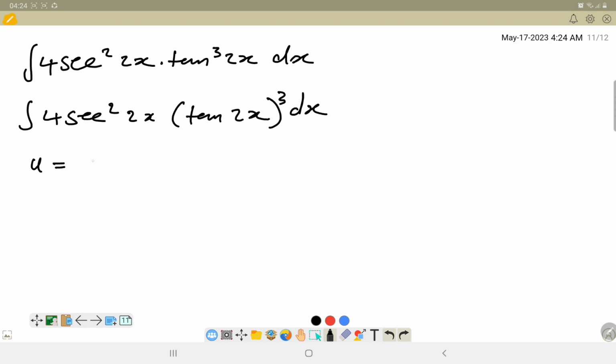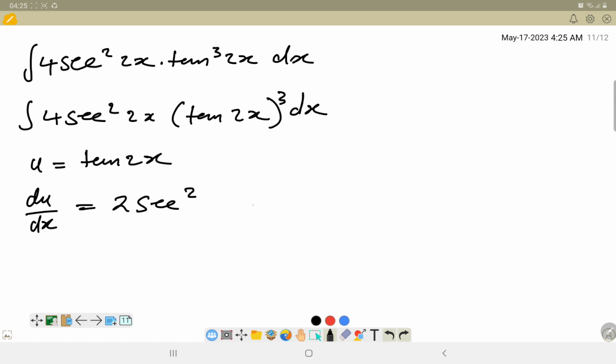Then we let our u be tan 2x. Then we differentiate tan 2x, which is du dx, to give us 2 sec squared. So the derivative of tan x, we know, is sec squared.